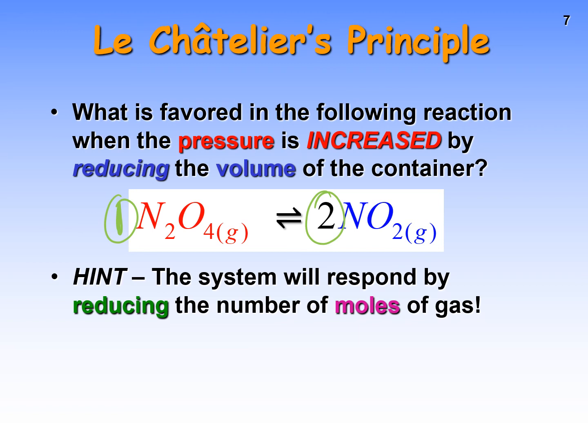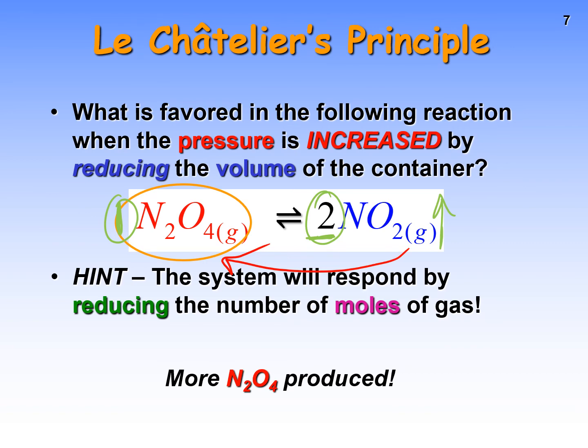When I'm looking at this, I'm going to increase pressure. So in other words, I'm really increasing my product side more than my reactant side because I have 2 moles of gas on the product side and only 1 mole of gas on the reactant side. This is going to cause a shift towards the reactant side. In other words, we're going to produce more N2O4.